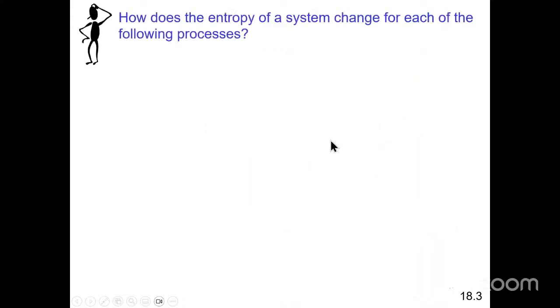Okay, so let's see if you understand this whole concept of entropy change, right? The question is asking, how does the entropy of a system change for each of the following processes? The first one is condensing water vapor, right? Just to help you out with this one, condensation is where you're going from, let me write this down, H2O gas to H2O liquid, right?